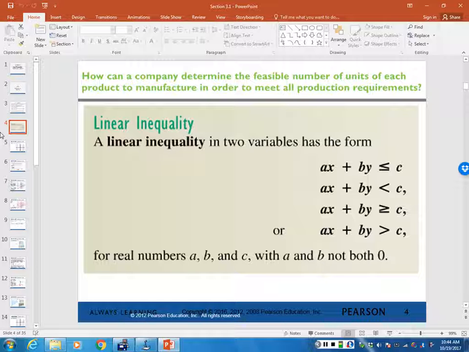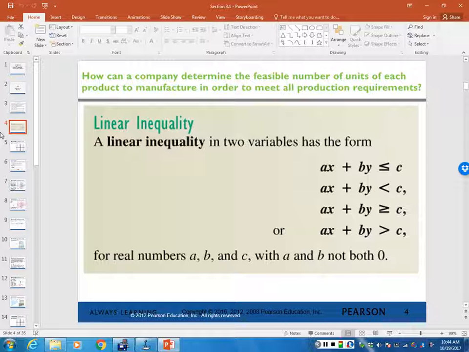Either equal to or less than, equal to or greater than, less than or greater than. The only way to solve this kind of problems that we're going to do in this chapter is to solve them graphically. You can solve a single linear inequality algebraically. There's a few little tricks you have to remember about switching signs now and then.